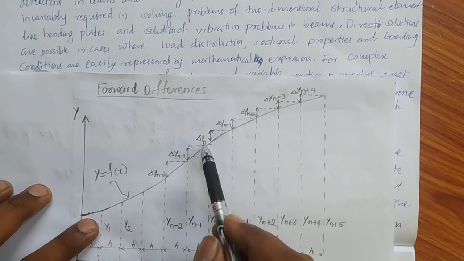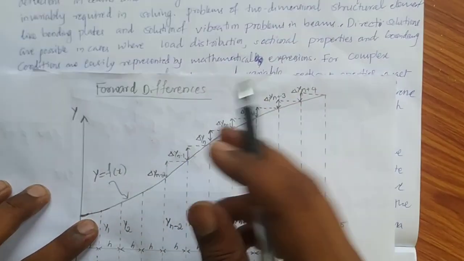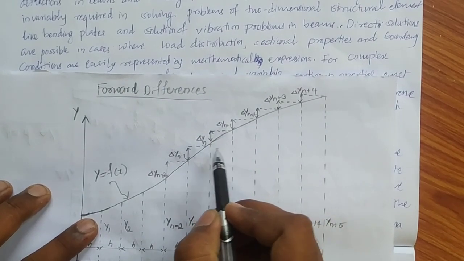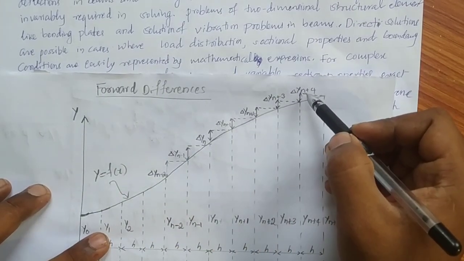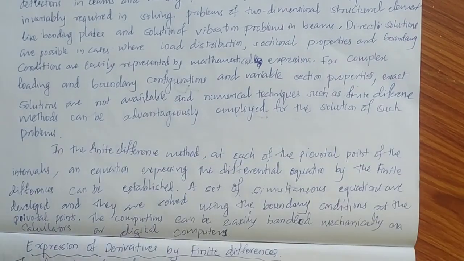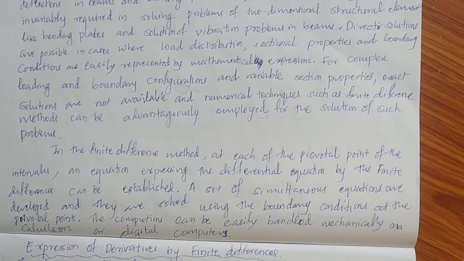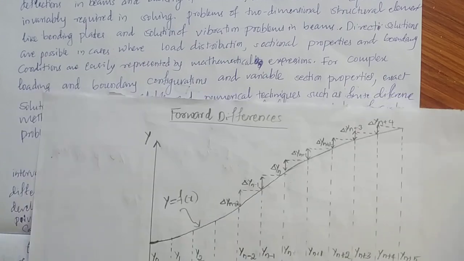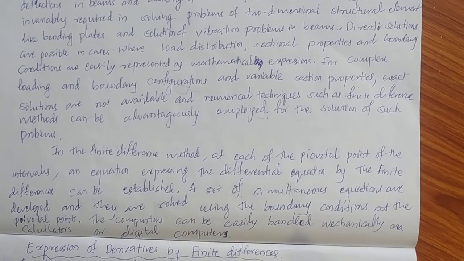So that gives you delta y n. Likewise you will be calculating the differences. These are called finite differences. Why finite differences? Because they are calculated between two finite points. These can be expressed as simultaneous equations at pivotal points, and by solving them you can get whatever unknowns there are. So this is what the finite difference method is.